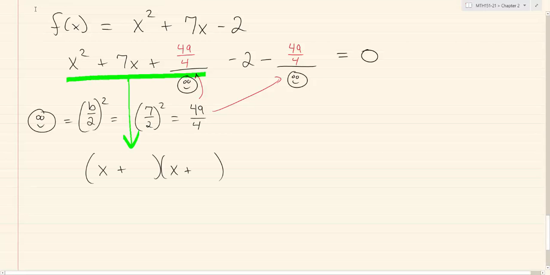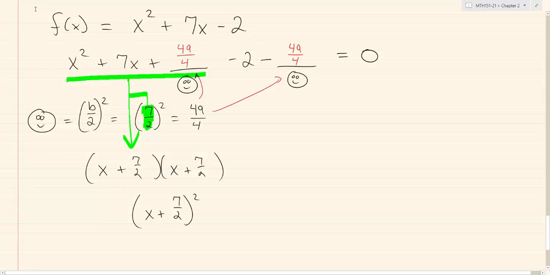So you could spend a lot of time unfoiling this thing, or you could take a little detour right here. When you took b and divided it by 2 before you squared it, that is your term. 7 over 2, 7 over 2. x plus 7 over 2 squared.